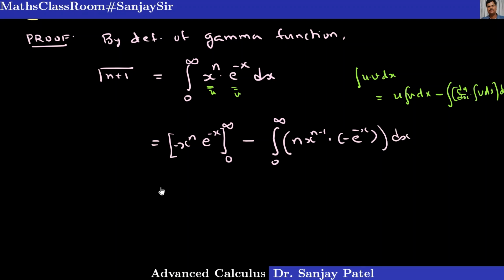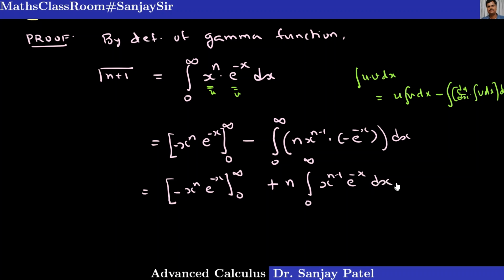This first part I am keeping as it is because a separate explanation is required for how to compute its value from 0 to infinity. This second part I write by simplifying: the minus 1 goes outside, so minus times minus becomes plus, and the constant n goes outside the integral sign. So n times the integral from 0 to infinity of x raised to n minus 1 e raised to minus x dx.